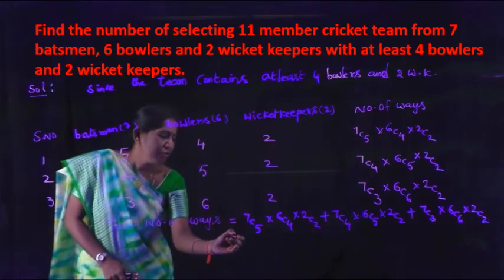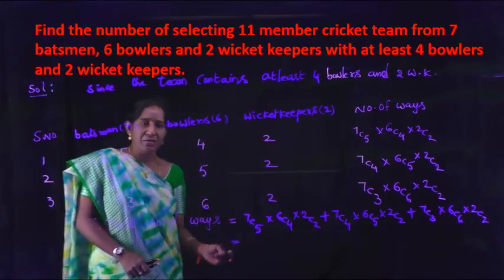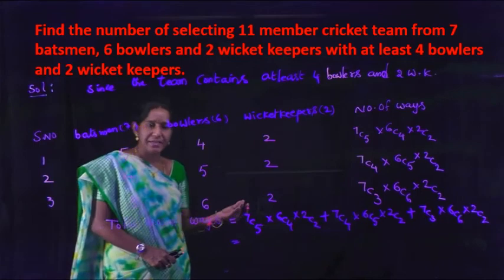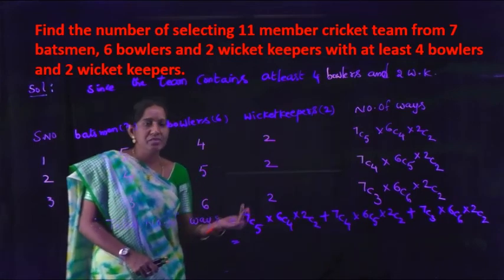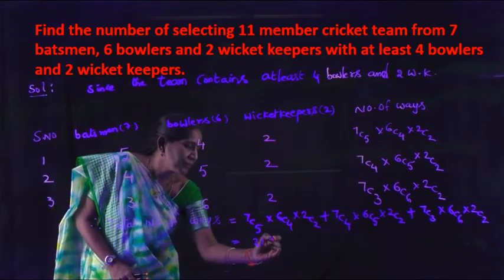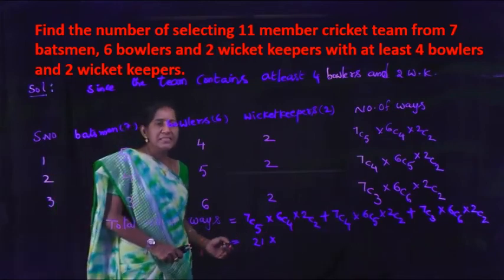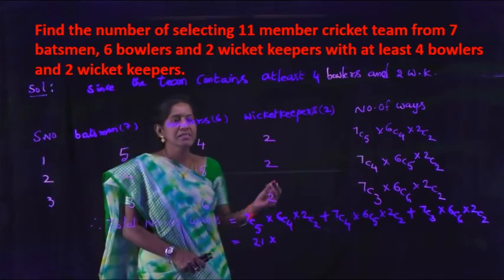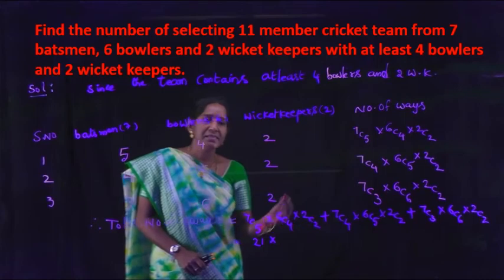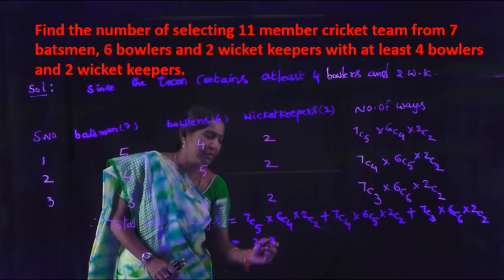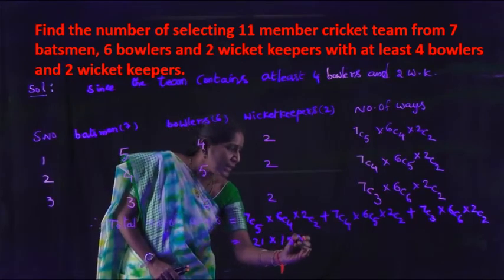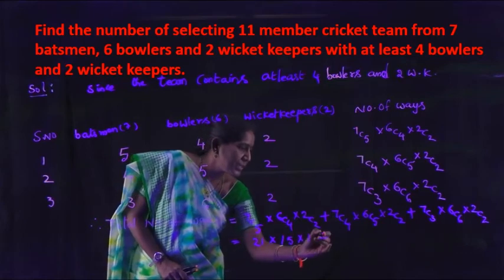That is, value of 7C5 is same as 7C2, that is 7 into 6 by 2, 21. Value of 6C4 is same as 6C2, that is 6 into 5 by 2, that value is 15. And value of 2C2 is 1.